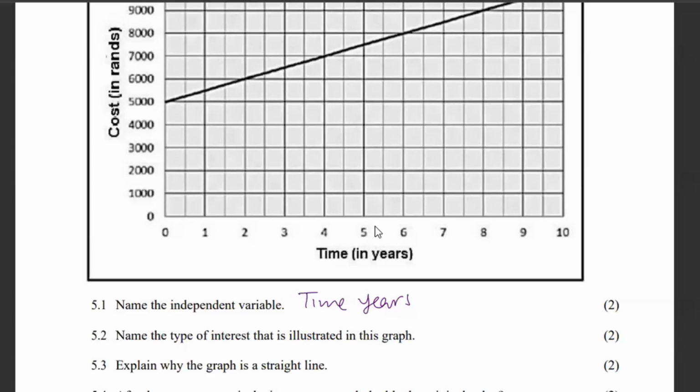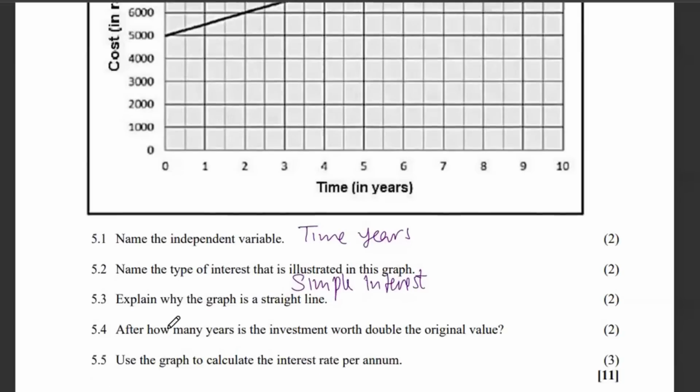Name the type of interest that we are looking at. It's simple interest. They are asking us to explain why the graph is a straight line. The reason is that the interest does not change.